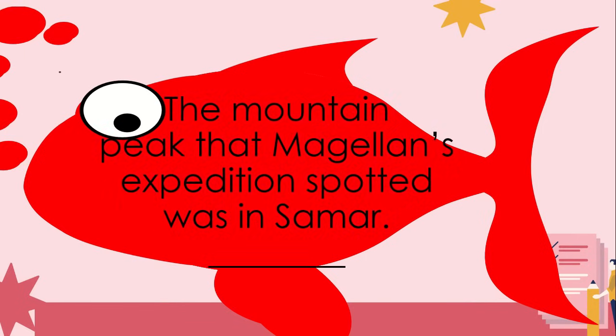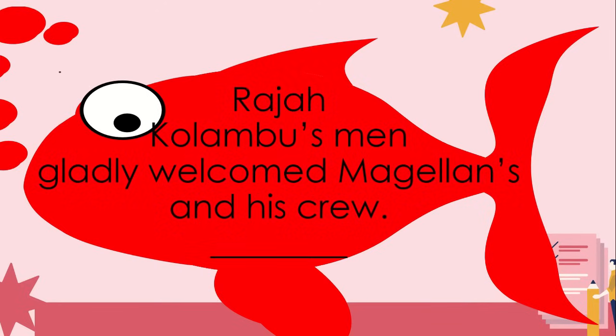Next, the mountain peak that Magellan's expedition spotted was in summer. Very good, it is true. Raha Kolambu's men gladly welcomed Magellan and his crew. You're right, it is true.